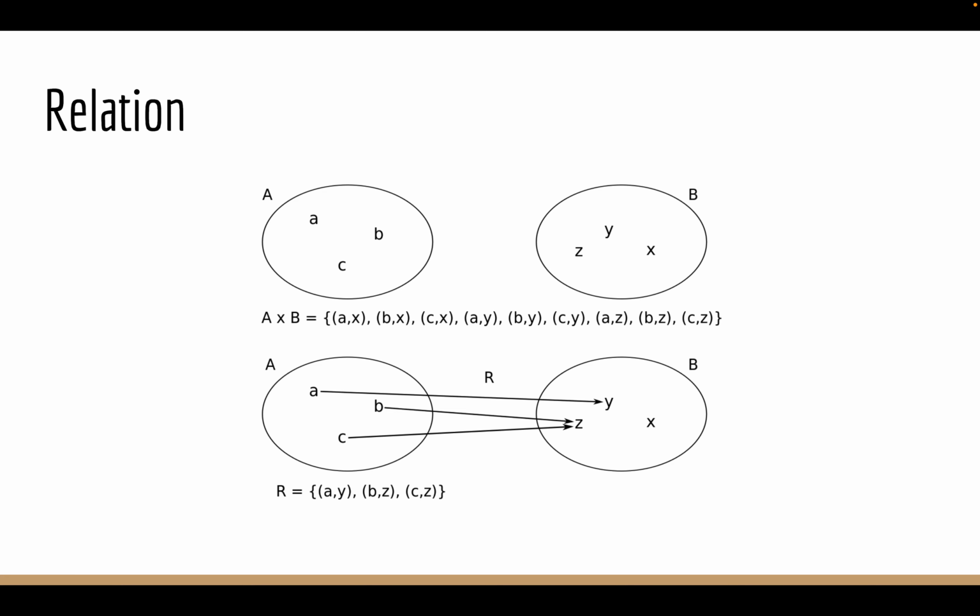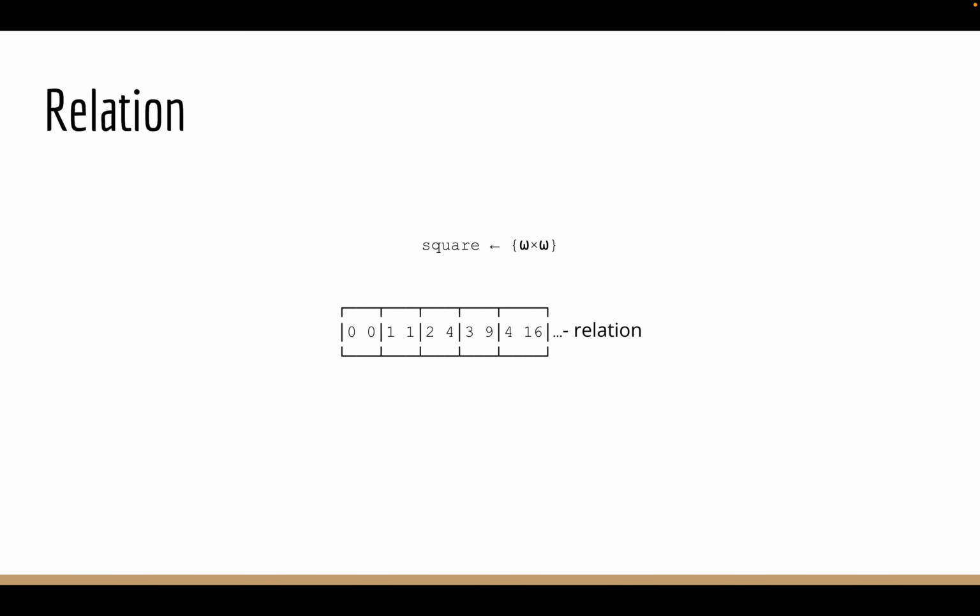And as soon as we have multiple sets, we can start adding some relations between these objects. And what relations are essentially are a bunch of pairs of objects from one set and another set. Or in other words, it's a subset of the Cartesian product.